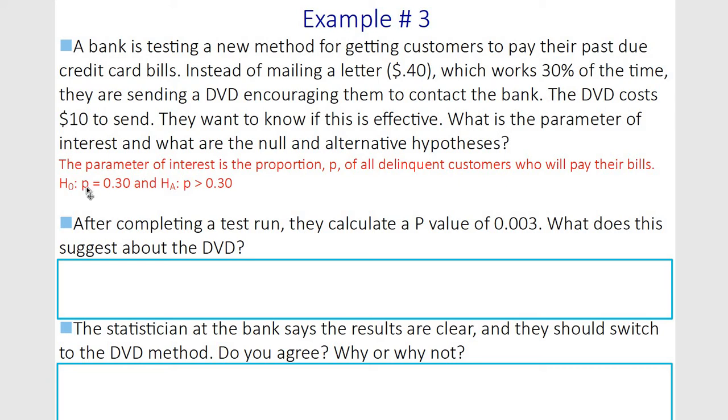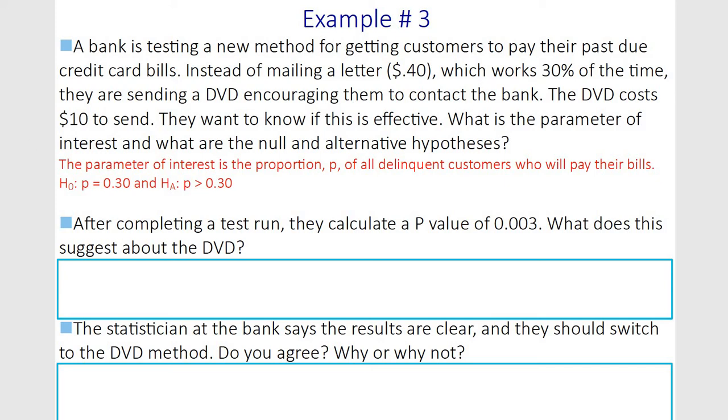Our null hypothesis is when it's equal to 0.3. That's what they're saying it is. Alternative hypothesis is they want to know if this is effective, so it has to be greater than. Okay, pay attention to the words.